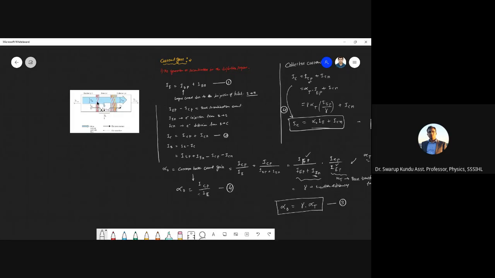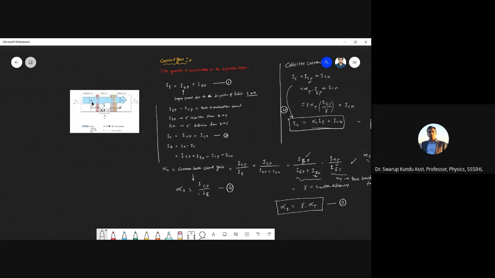It's just replacing holes with electrons in the notation, and of course your current direction will change, because here the hole is the main current carrier, but in an NPN transistor the electron will be the main current carrier within the device.